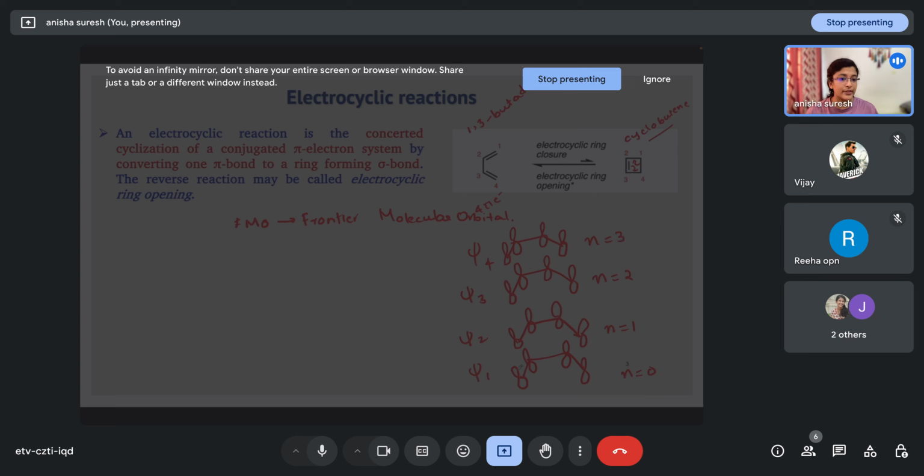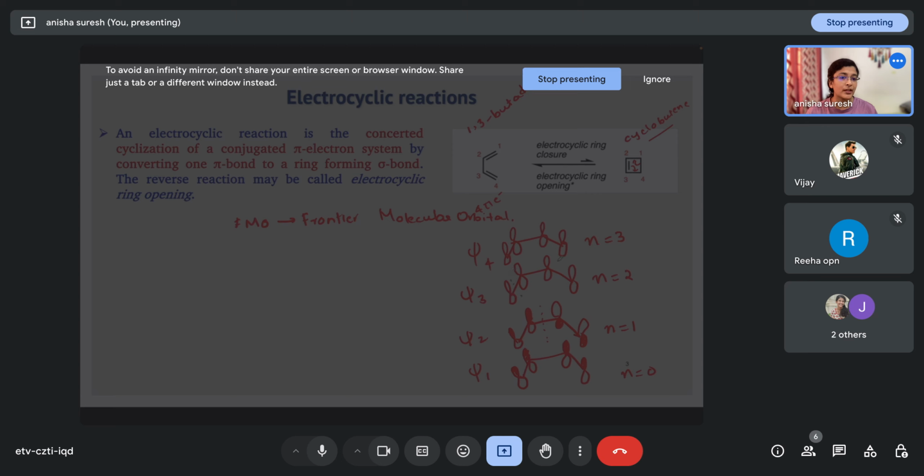According to that, we will be giving the shading. In case of Psi 1, there are no nodes, so all the lobes will have the same sign. In the case of Psi 2, it will have one node. According to symmetry, the node will be here, so this will be shaded in this fashion. And in case of Psi 3, there will be two nodes.